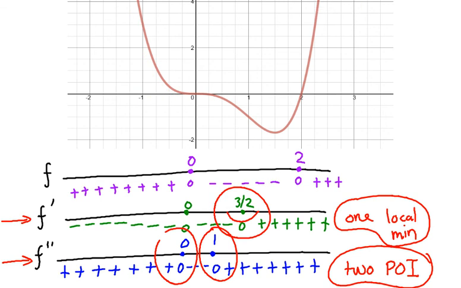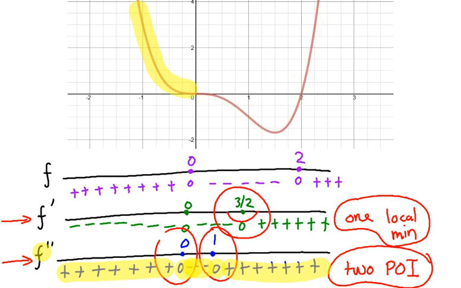Let's keep rolling with the second derivative. Positive second derivative says concave up. Switch to concave down, concave up again, and inflection points at these two numbers. All right, well, this is concave up, point of inflection, concave down, point of inflection, concave up.